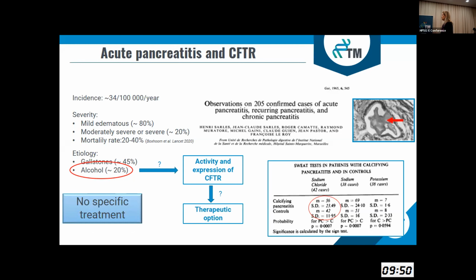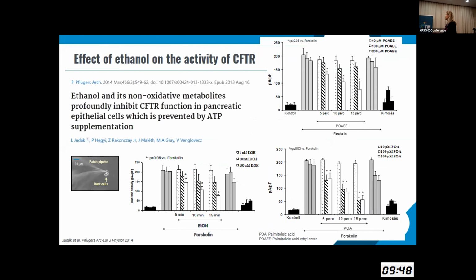This study was published by one of my PhD students, Linda Judák. Using the whole cell configuration of the patch clamp technique, we showed that ethanol dose and time dependently decreased the activity of the CFTR chloride channel.